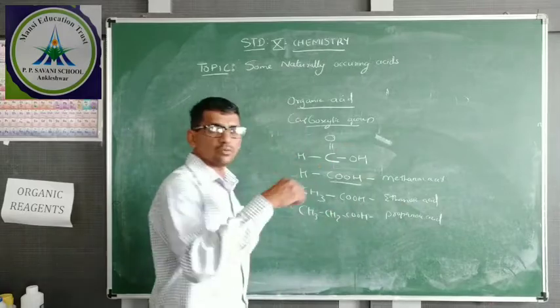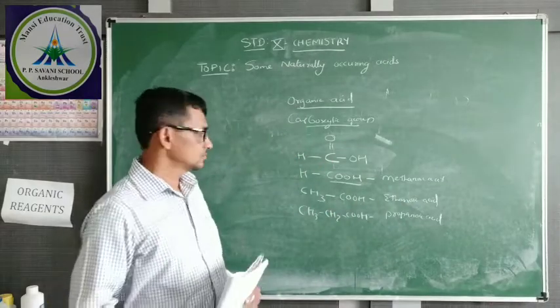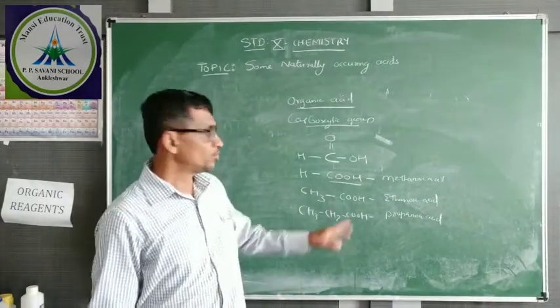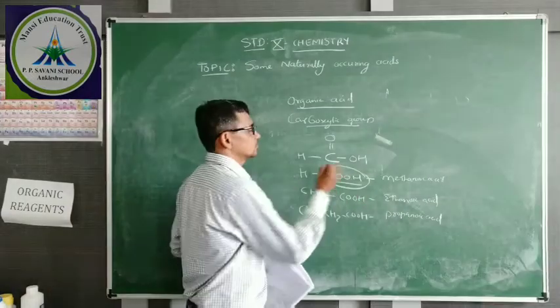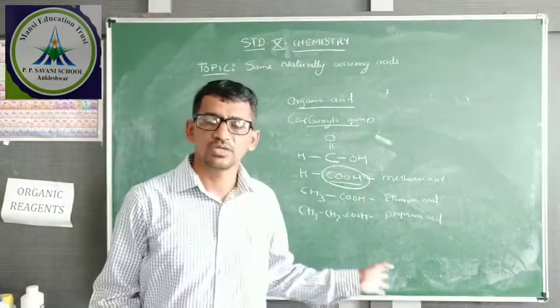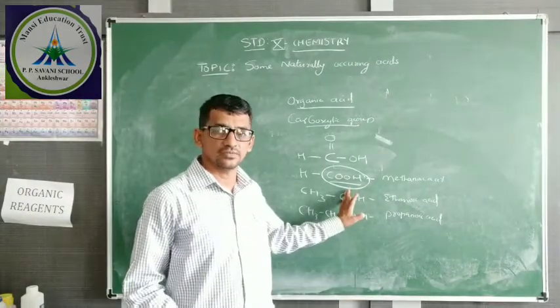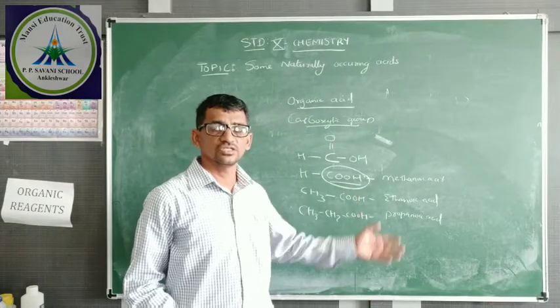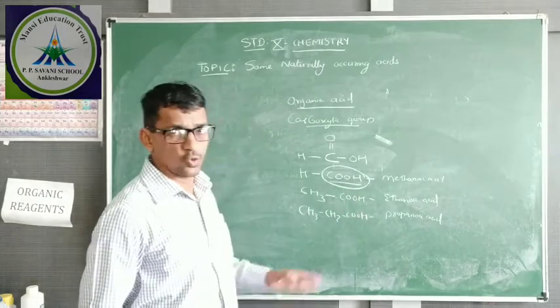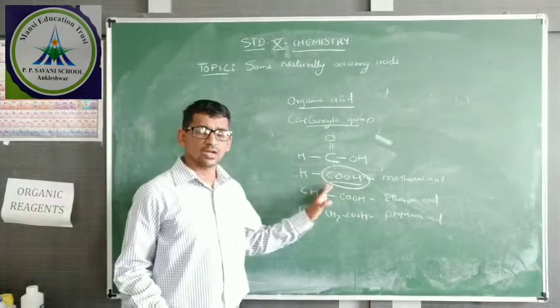In this way the carbon chain increases. If instead of one there are two COOH groups, then it is known as dioic acid. If there are 3 COOH groups, then it is tricarboxylic acid.